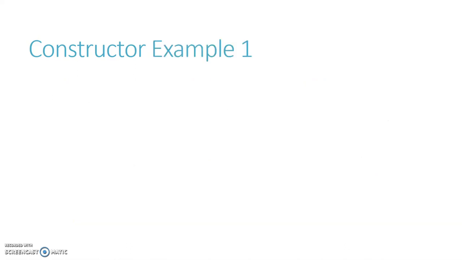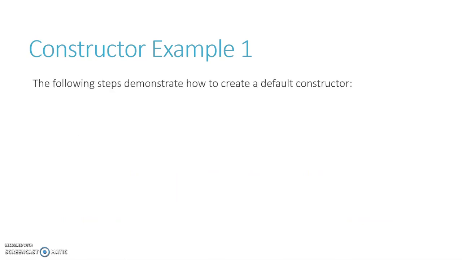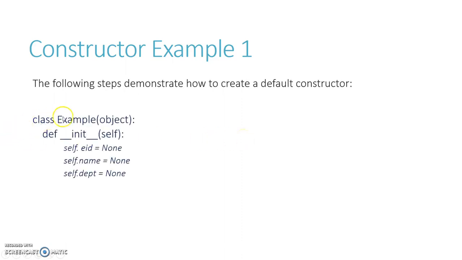So let's take an example of a constructor. The following steps demonstrate how to create a default constructor. Creating a class example where we have put the init method as the constructor and we are not passing anything in this init method, and the default value we are assigning to the attributes or properties of the object is None.